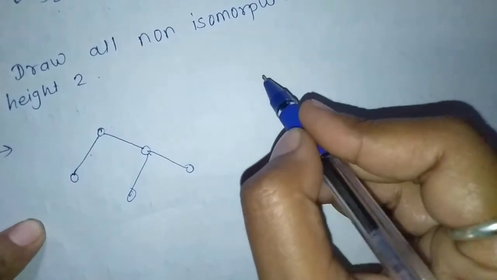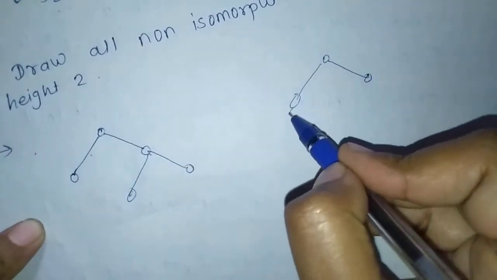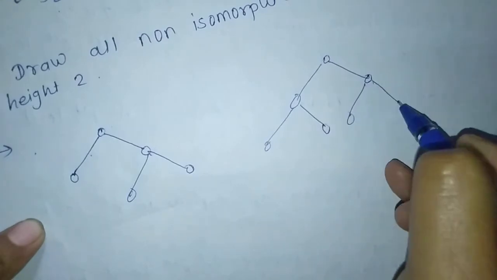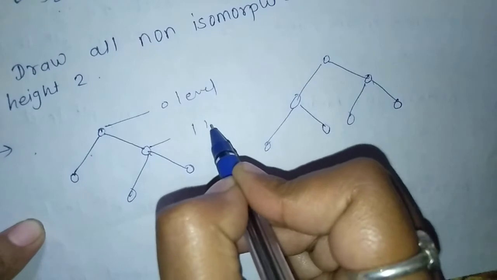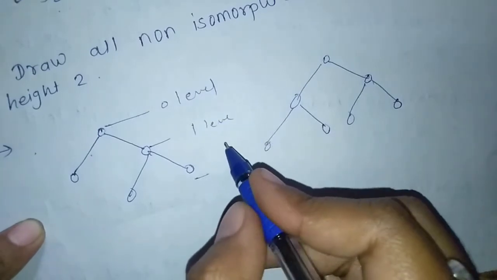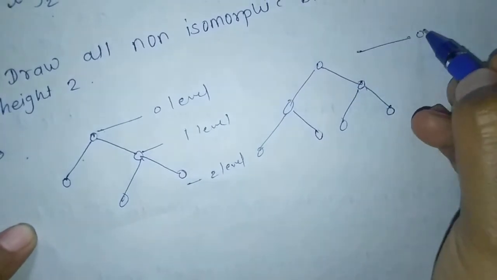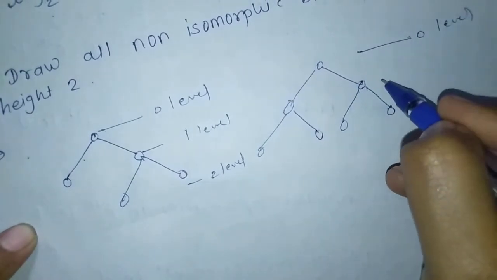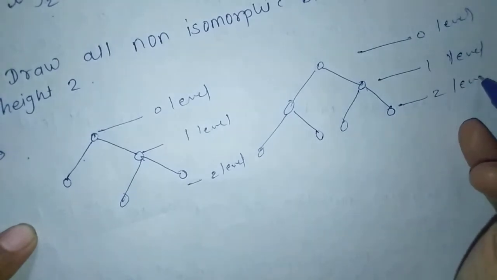This is one binary tree, and you can show that this is also a binary tree. This is the 0th level, this is the first level, and this is the second level. Similarly 0th level, first level and second level.